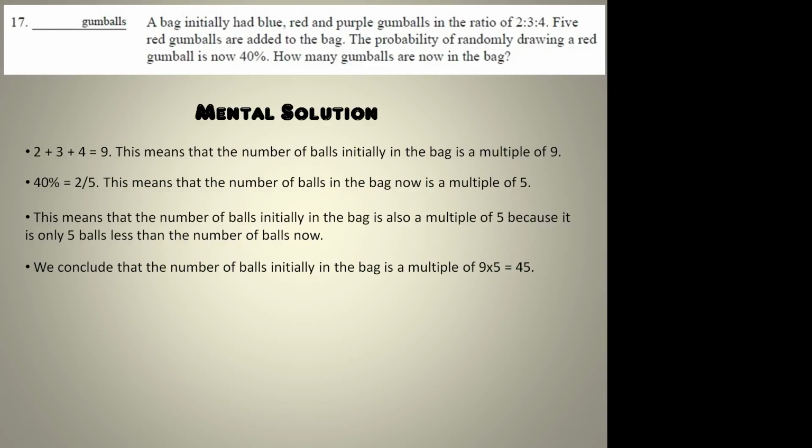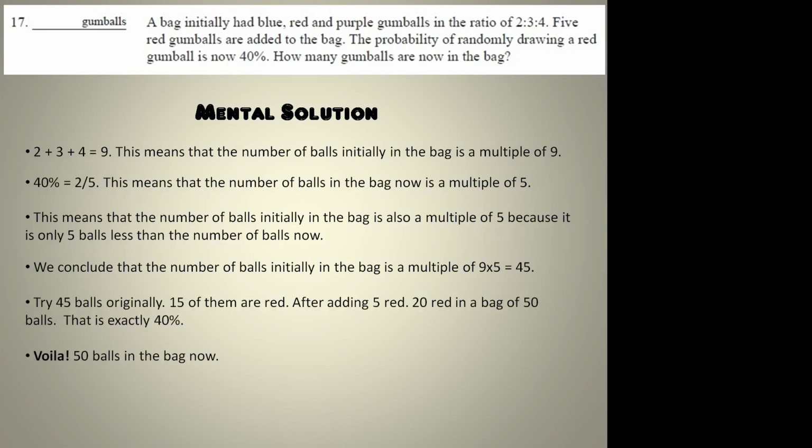45 is a pretty big number, so we will try our luck. Let's say the original number is 45. Then 45 is 5 times 9, so the blue balls are 10, multiplied by 5, and the red balls are 15. So 15 out of 45.